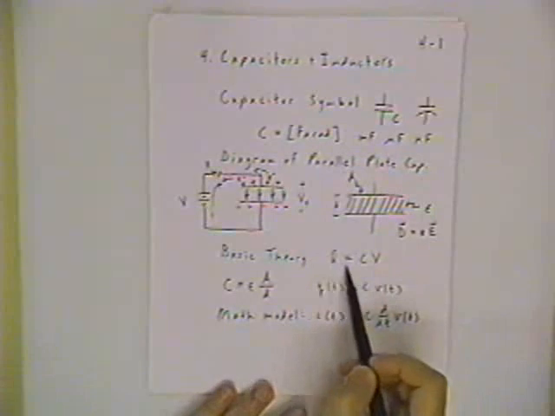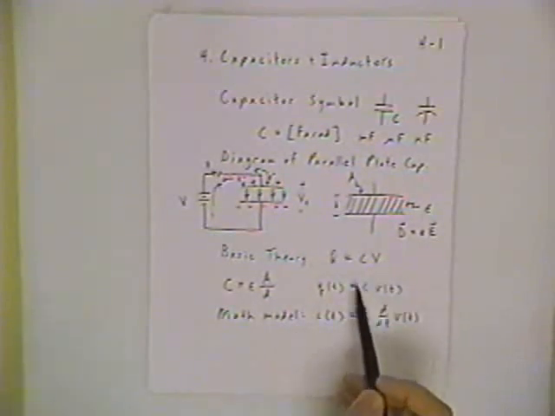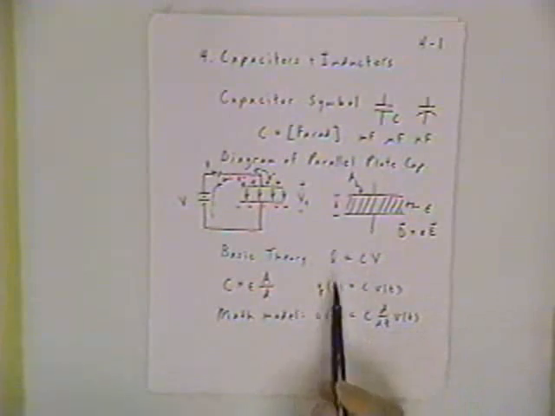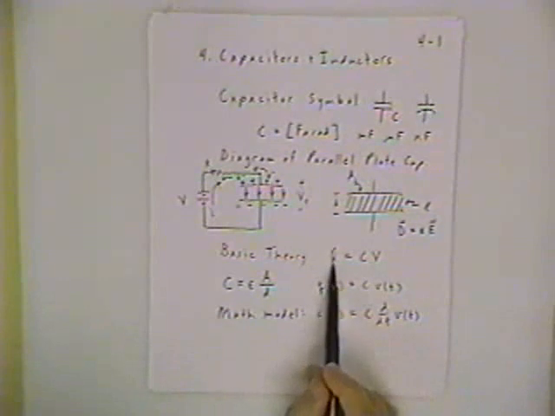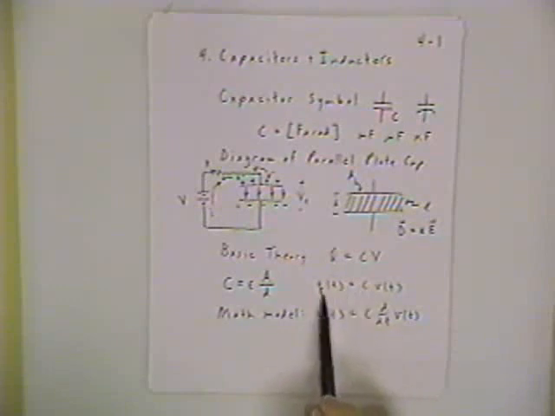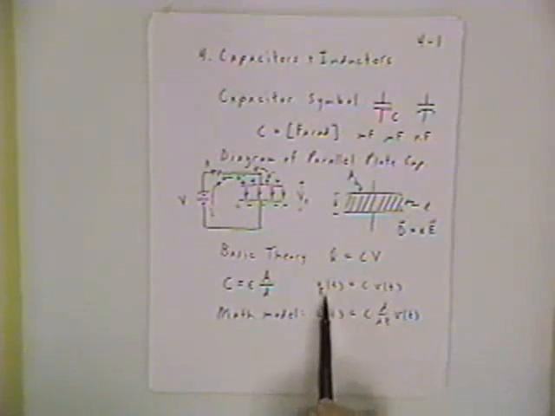Well now, if Q, the charge on the capacitor, is equal to C times V, and I go over to a mode where that charge and voltage can be functions of time, then I can replace this simple equation with the more complete expression that says Q as a function of time is also C times V as a function of time. And now the interesting thing you can do is differentiate this equation once with respect to time.